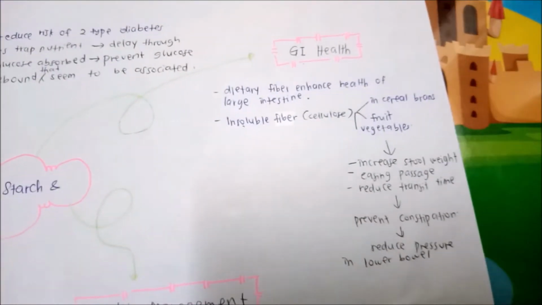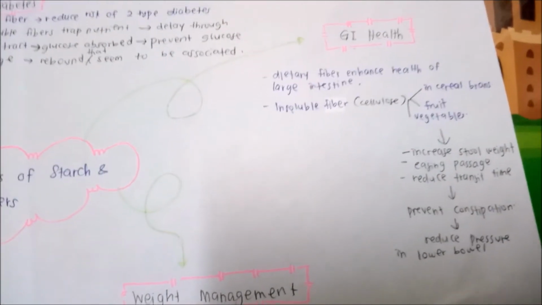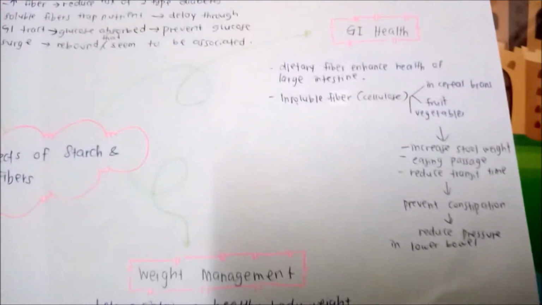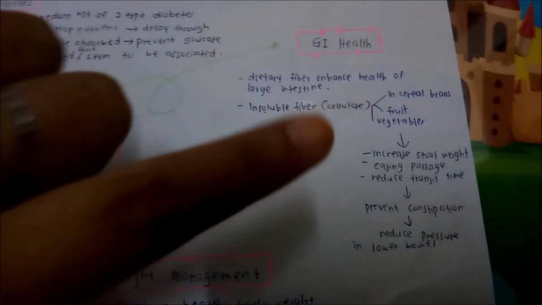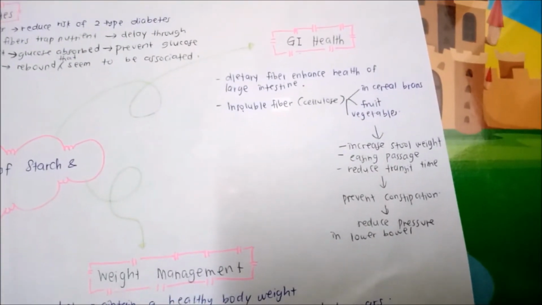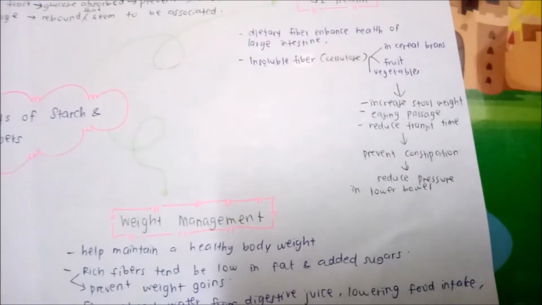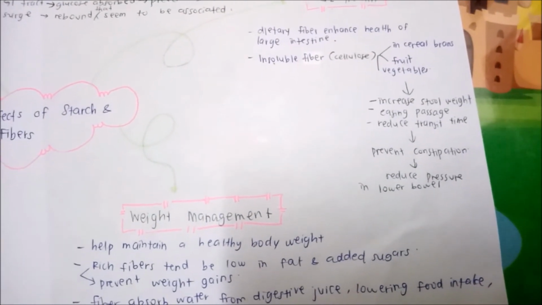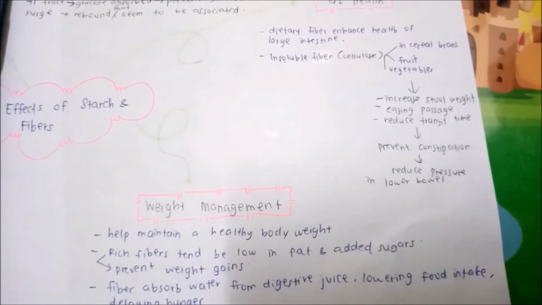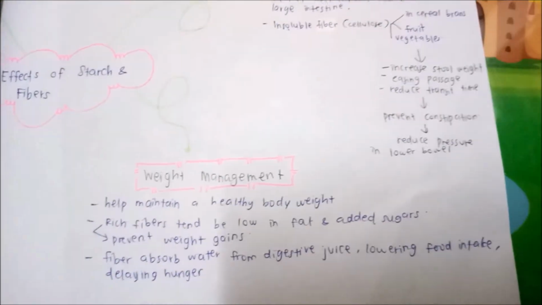Dietary fiber enhance health of large intestine, di mana insoluble fiber iaitu selulose di dalam cereal grains, buah dan juga sayur akan dapat meningkatkan stool weight, easing passage, reduce transit time. Kemudian dia dapat prevent constipation dan seterusnya reduce pressure in lower bowel.